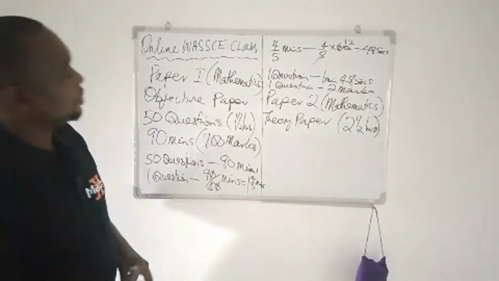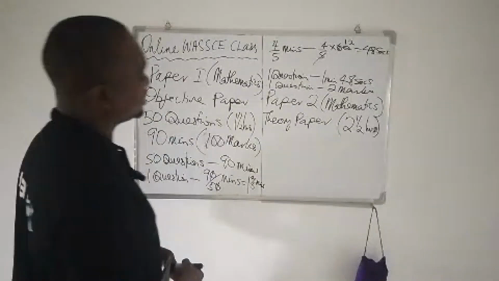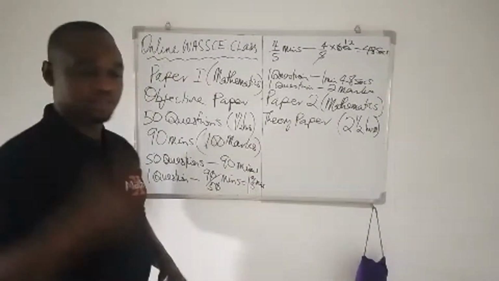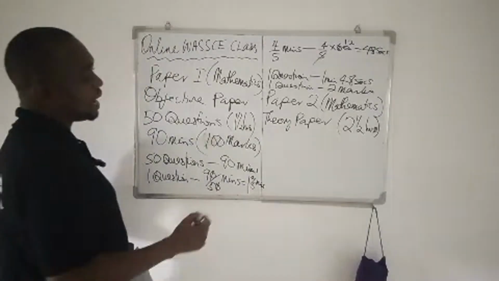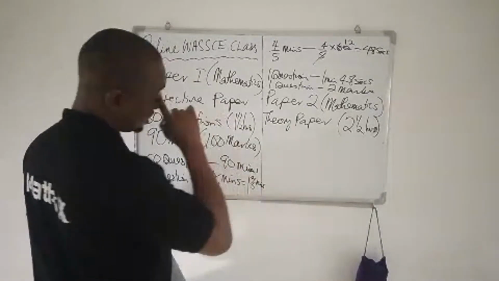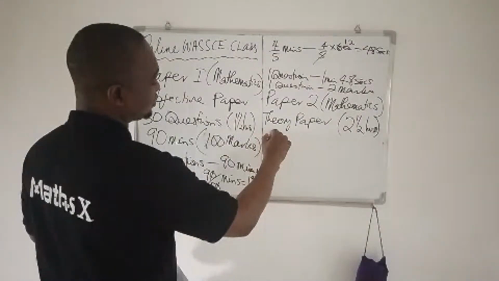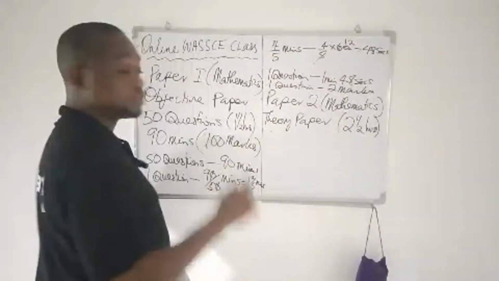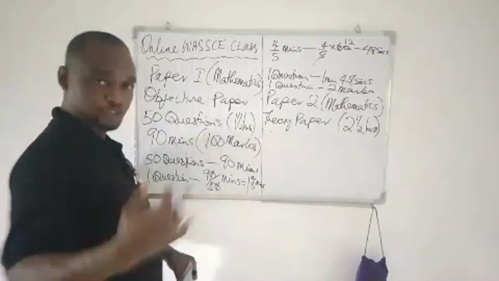So 2.5 hours, that's 150 minutes. Now, the theory paper has two sections, as I said earlier. They call it section A and section B.